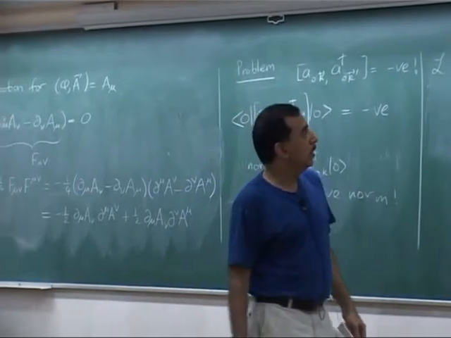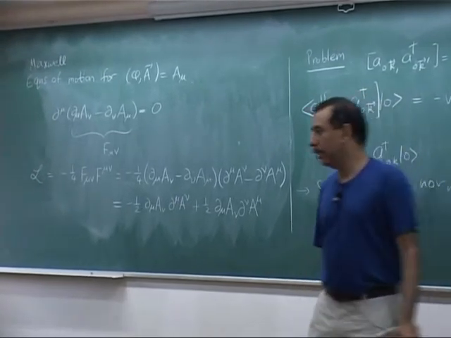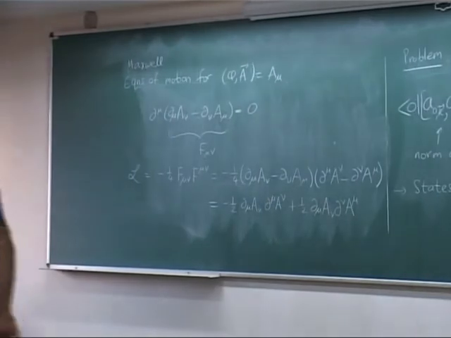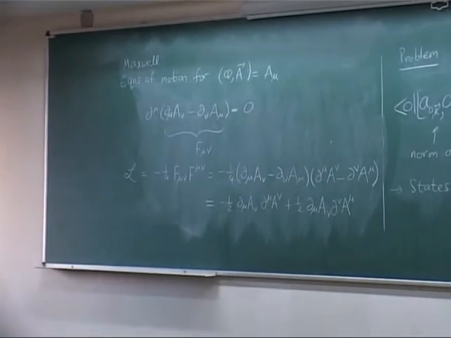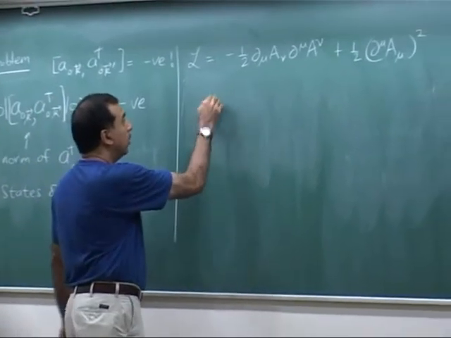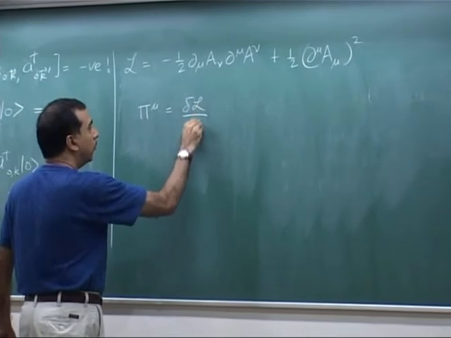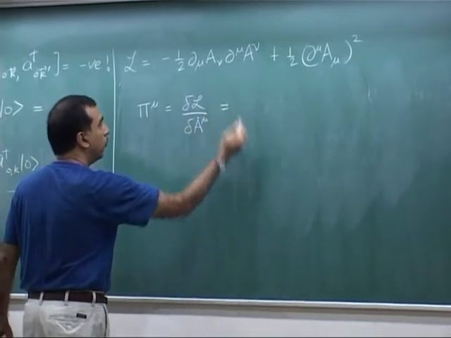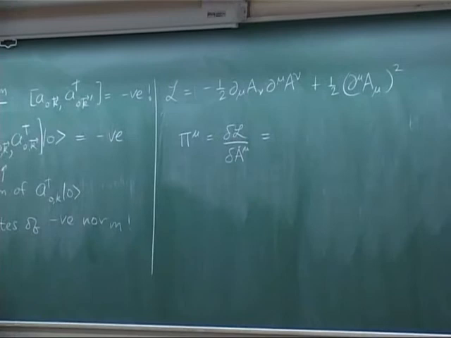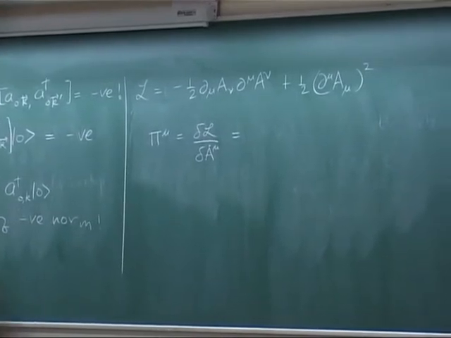So this is the action that gives rise to Maxwell equations, and now let's try to see that this action actually solves our various problems. For that, let's again compute pi mu, which is delta L by delta A dot mu. Earlier we had just minus A dot mu from the first term.